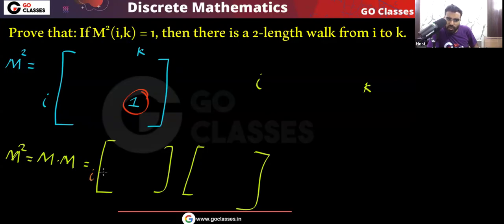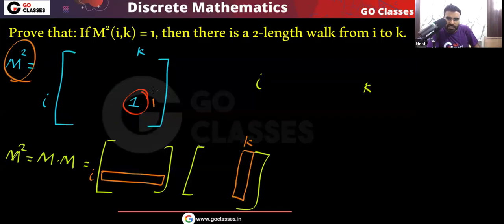For that, the ith row will multiply with the kth column. To get this ik entry in M power 2, we need to multiply the ith row of M with the kth column of M.